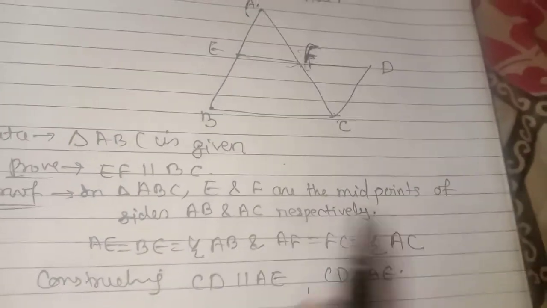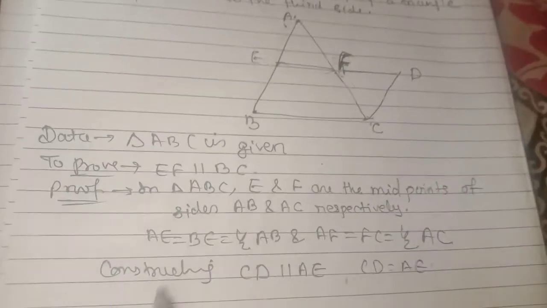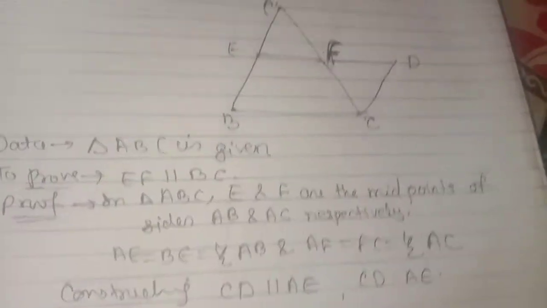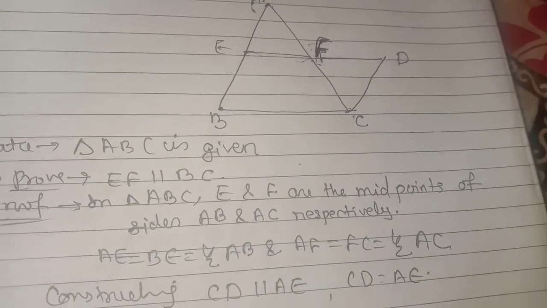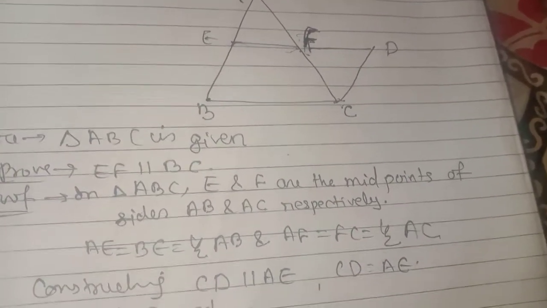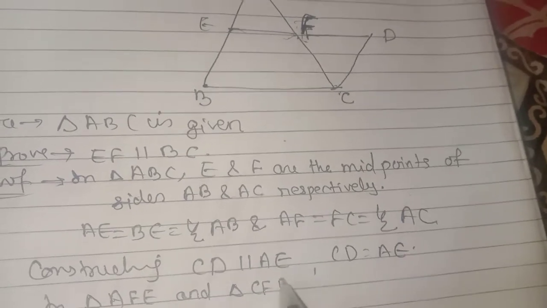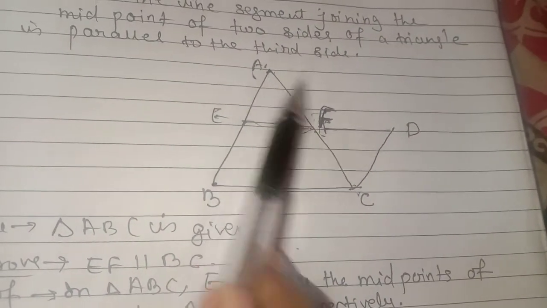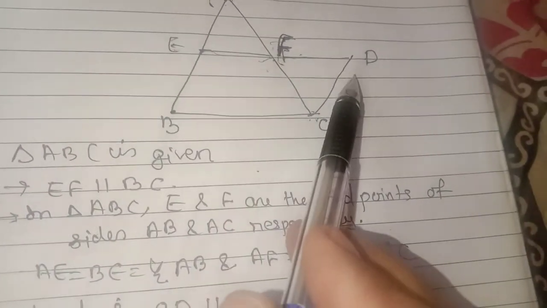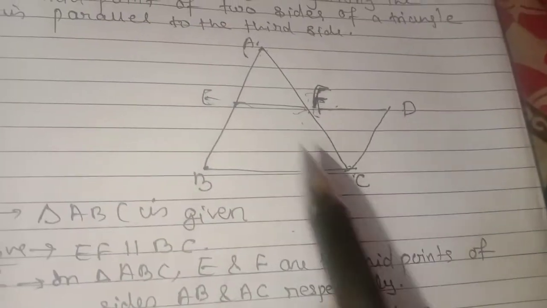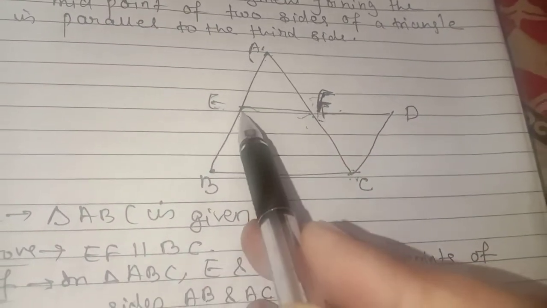So let's verify congruency in the two triangles. In triangle AFE and triangle CFD. Can you see two triangles AFE and CFD?